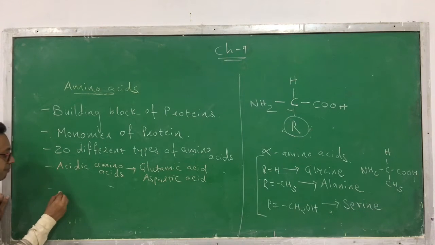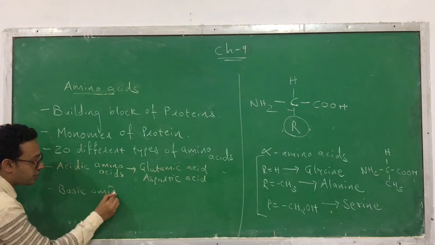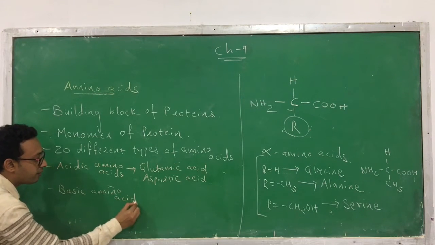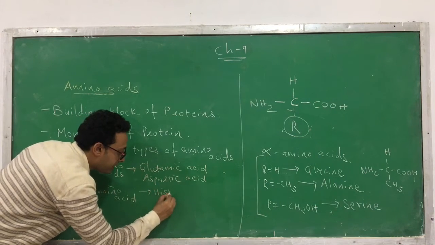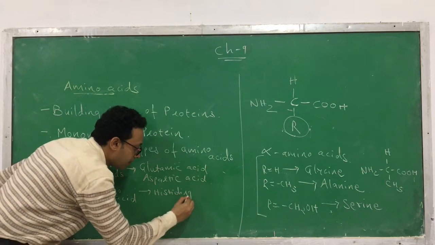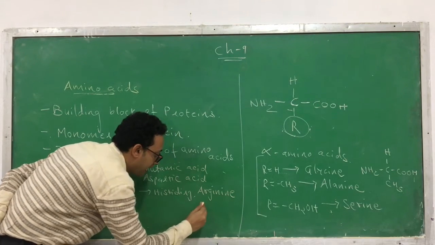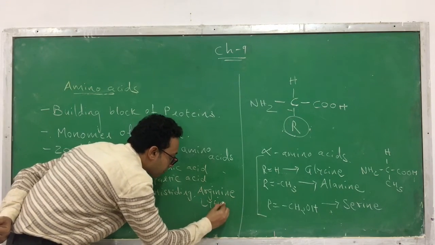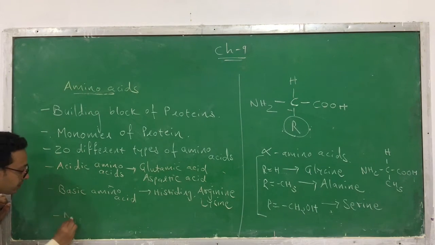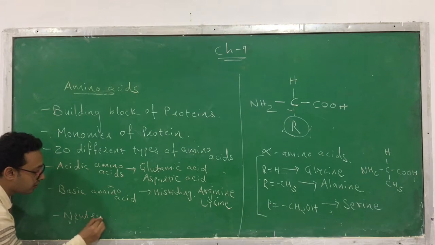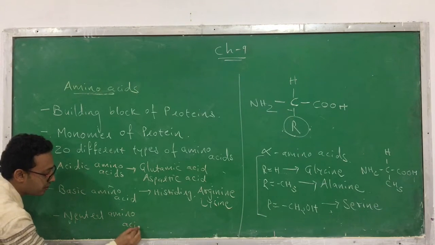Now the example of a basic amino acid, where the R functional group is basic in nature: histidine, arginine, and lysine. These are the basic amino acids. And which are the neutral amino acids?